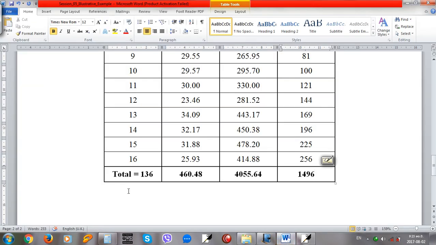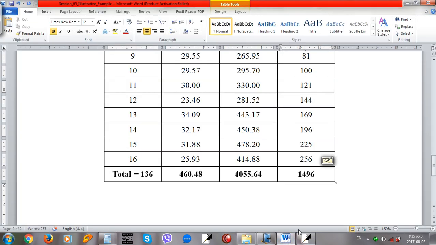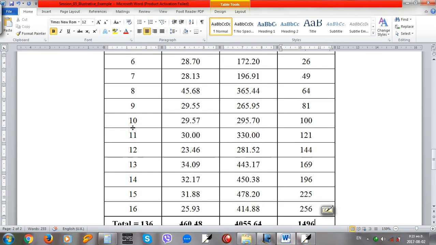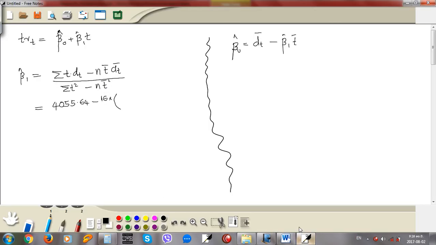There are 16, so you can write 16 there, multiplied by t bar. T bar means sigma t over n. Sigma t, the total of this, is 136. N means 16. So you can write here 136 divided by 16. This is t bar.